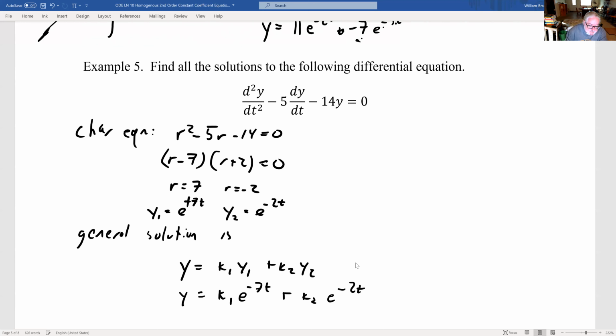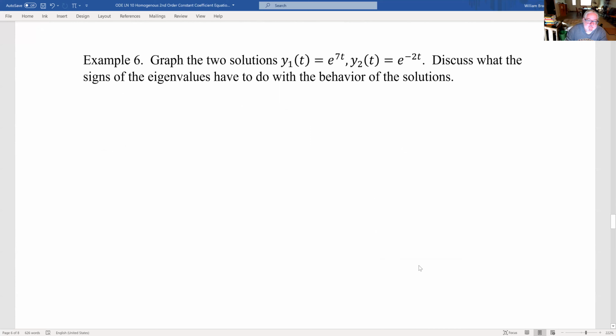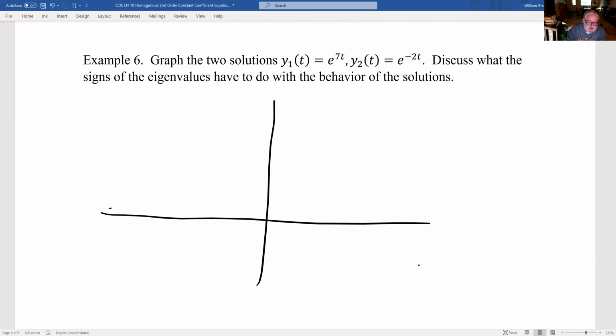So note that we actually have two separate solutions. E to the 7t looks like that.